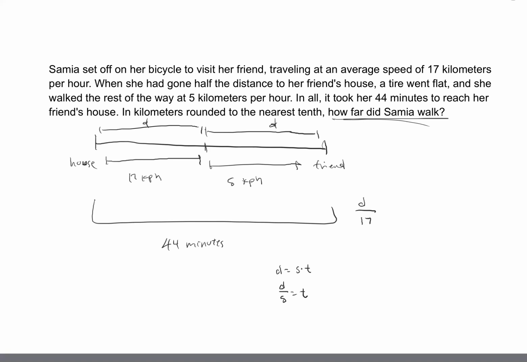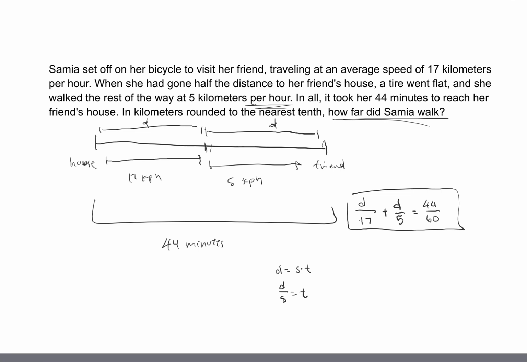Oh yeah, D equals TS, D over S is equal to T. Anyways, so we have the distance over the speed is the time. And then we also want the time for the second half, which is the distance over 5 kilometers per hour. And we get 44 minutes, but we can express this as 44 over 60 because it's in kilometers per hour, right? So this is the equation that we're getting to solve this thing.